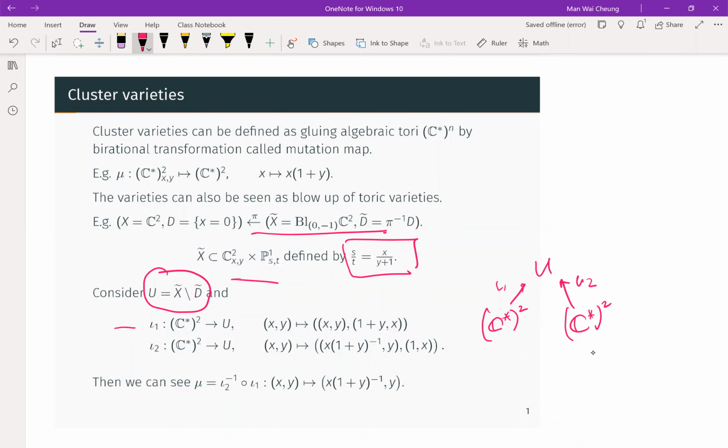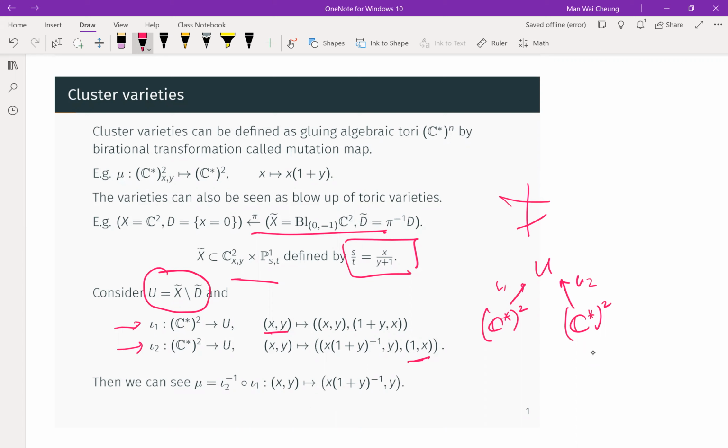The first map is just putting the torus into the torus itself. So this is how the first map looks. But then here we mix the second divisor. So we have the second map, which is covering the curve here.